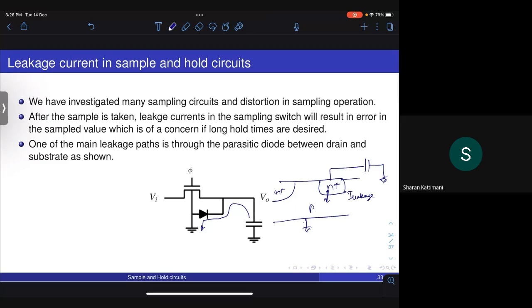So if you want to design a circuit which can hold the sampled value for long times, or basically reduce the leakage, we can do that by using what is known as triple well transistors.